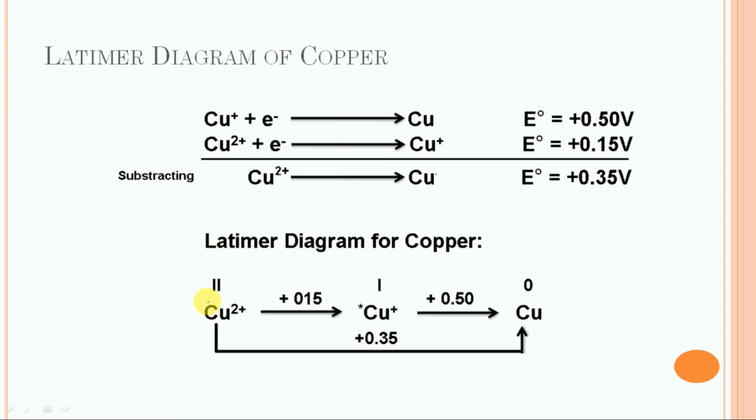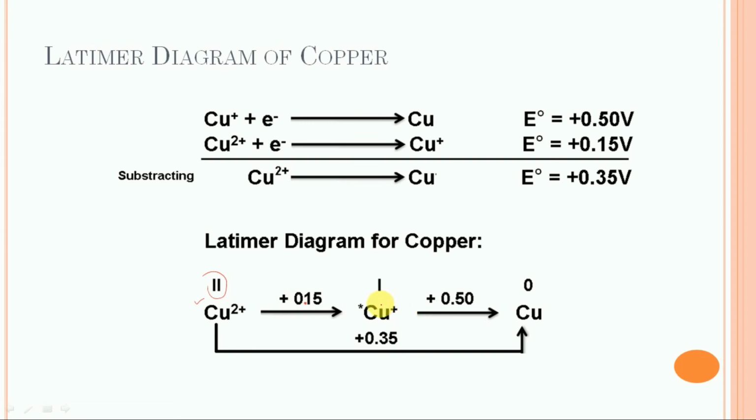The most oxidized species, copper 2 positive, is written on the left hand side with oxidation state 2, and it shows the change of copper 2 positive to copper positive with electrode potential 0.15 volt.